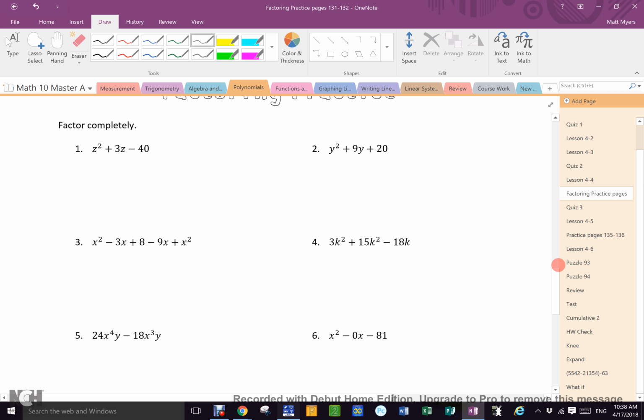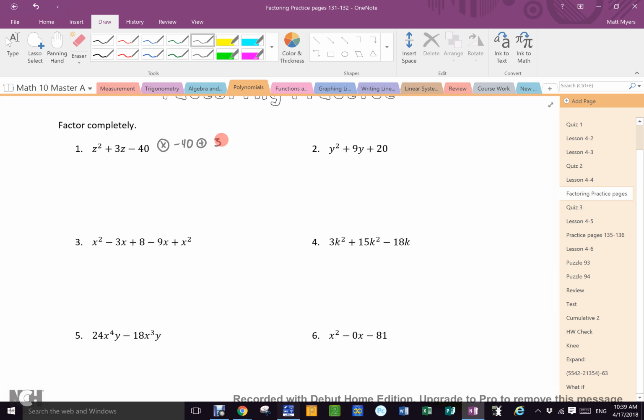Is there any trick to number one? No trick to number one. It's just a trinomial, right? I changed the letter, but does that change anything? No. So I need to multiply to what? Minus 40 and add to what? 3. Is it 1 and 40? 2 and 20?